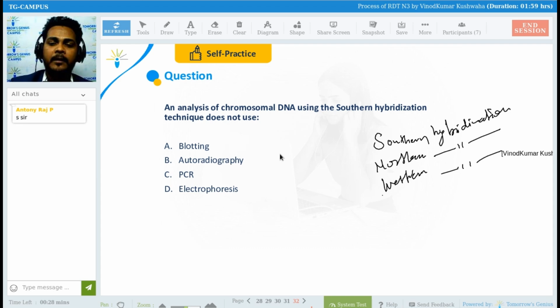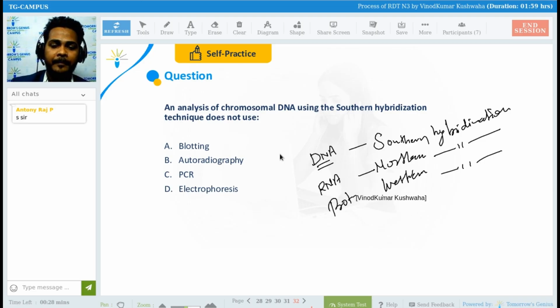Southern is for DNA, Northern is for RNA, and Western is for protein.